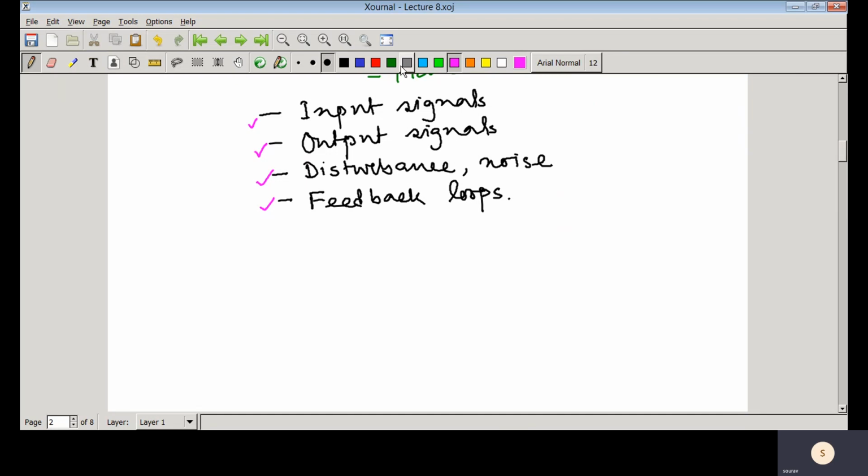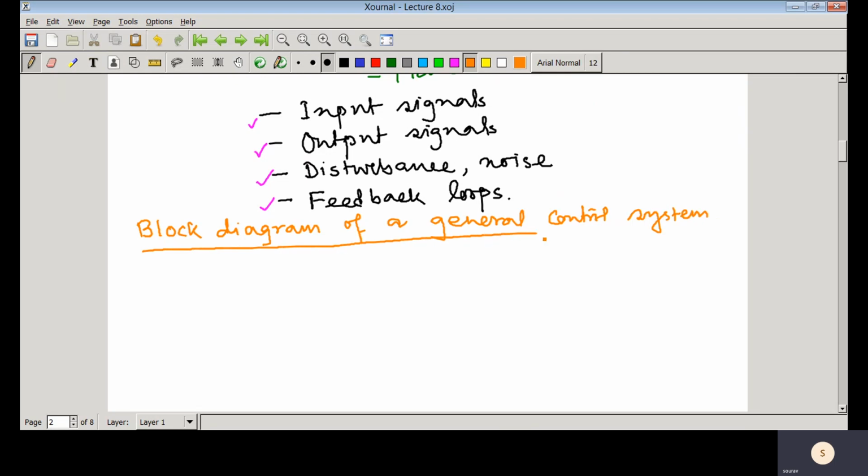So this one is the block diagram of a general control system. That means the standard control system. So if we consider a closed loop feedback control system, what are the standard blocks involved in that loop? So we are going to see this.